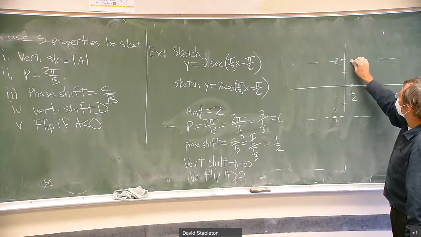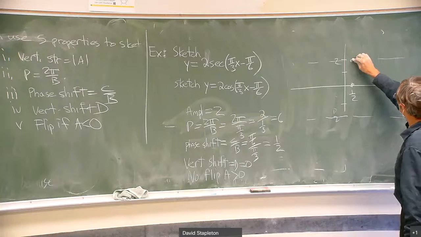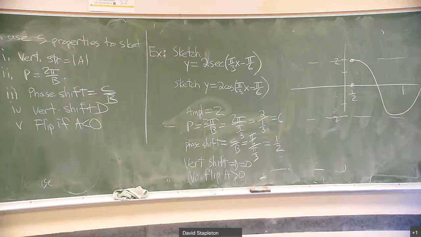And cosine starts at the top like that and comes down and all the way back up like that. One period later is 6 units later. So this is 1/2 plus 6, right? Beginning here plus 1 period. Goes like that. And now how do I draw a secant?